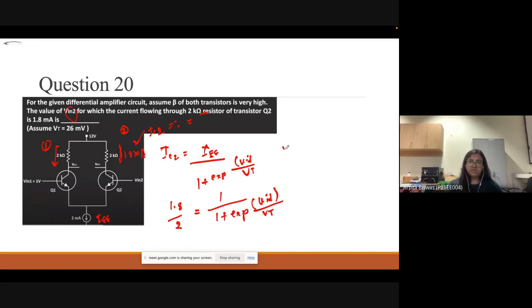And VT, the thermal voltage, is 26 millivolts. Just put all the values in this equation and tell me the value of V input 2. Try at first, then I will solve here.